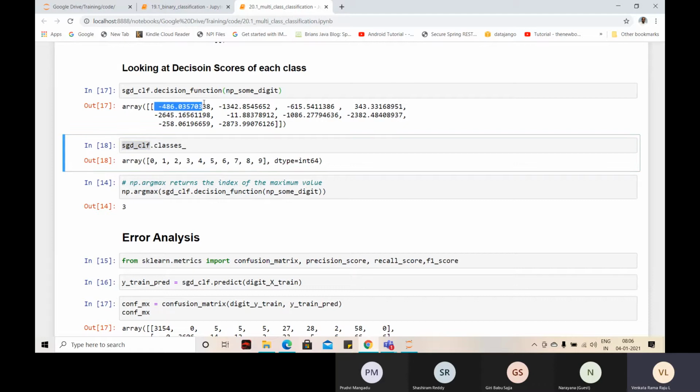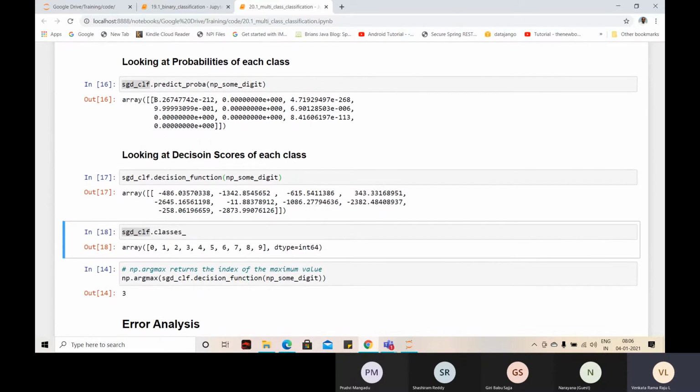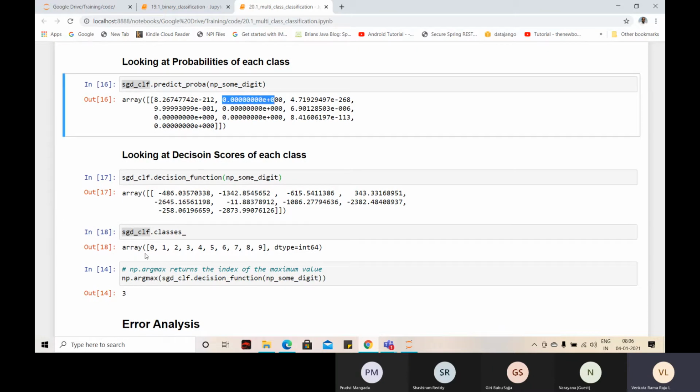So this decision score belongs to 0, this decision score belongs to 1, this decision score belongs to class 2, like that. Similarly, this probability belongs to 0, this probability belongs to 1, this probability belongs to 2, this probability belongs to 3, like that.